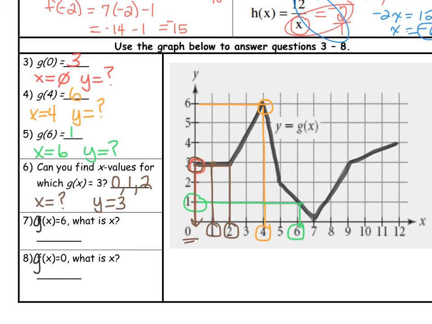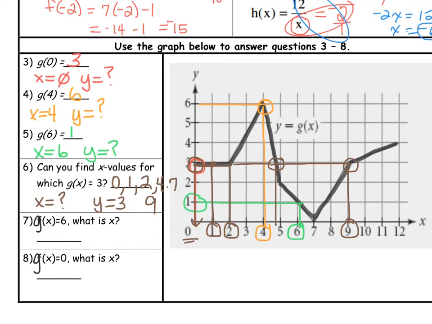X is also 2. So where else does it hit the graph? It hits right here when x is about 4.7. Continue on, it hits my function right here again, and that's when x is 9.